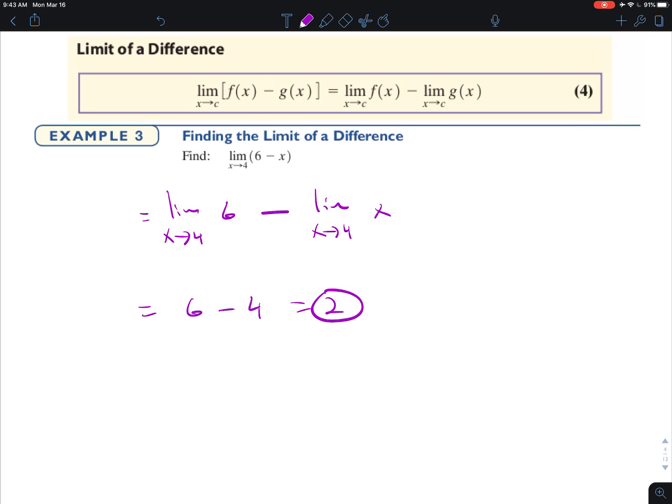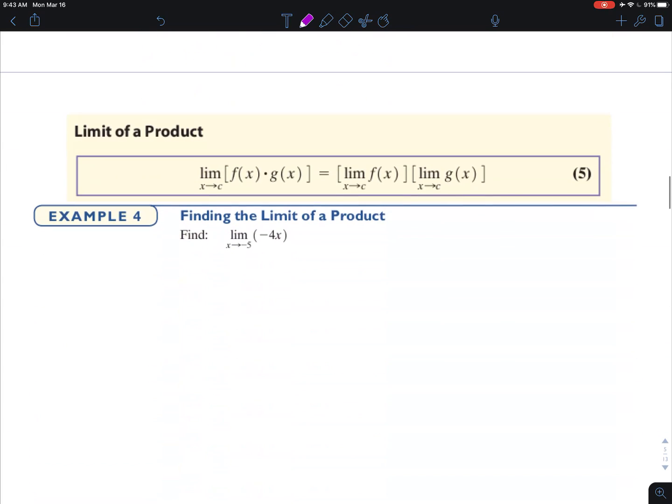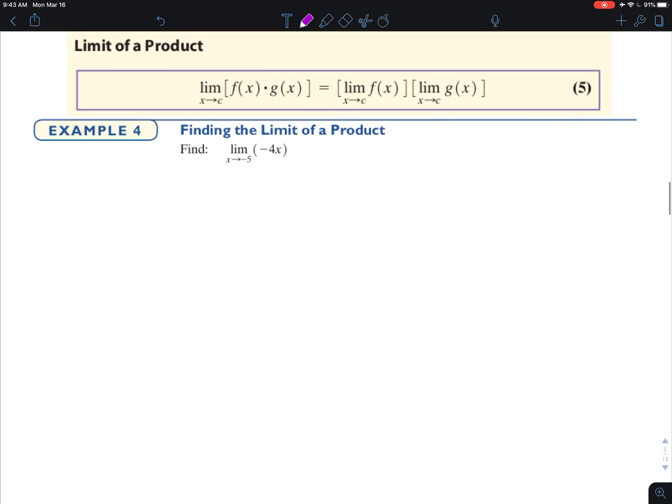Hopefully you're anticipating these answers as we're going. The limit of the product is the product of the limits. So if you want to give this one a try, pause, give it a shot, and then pick up. But the work associated with this product, because we're multiplying negative 4 times x, this is the limit as x approaches negative 5 of negative 4 times the limit as x approaches negative 5 of x.